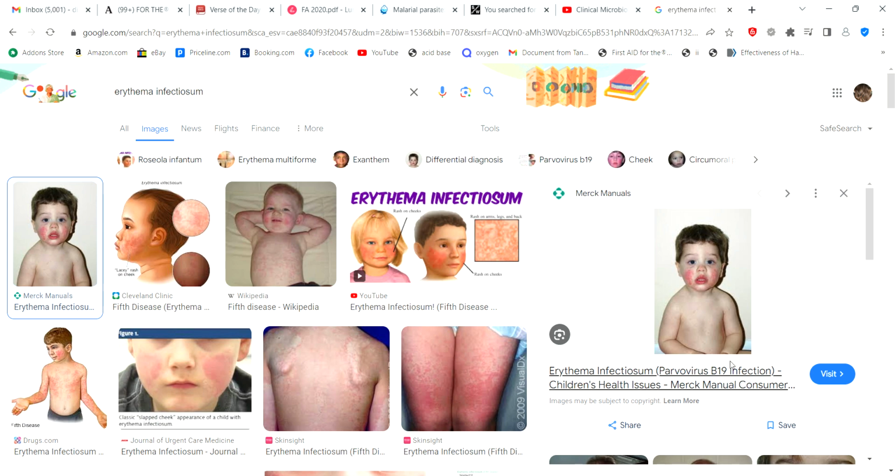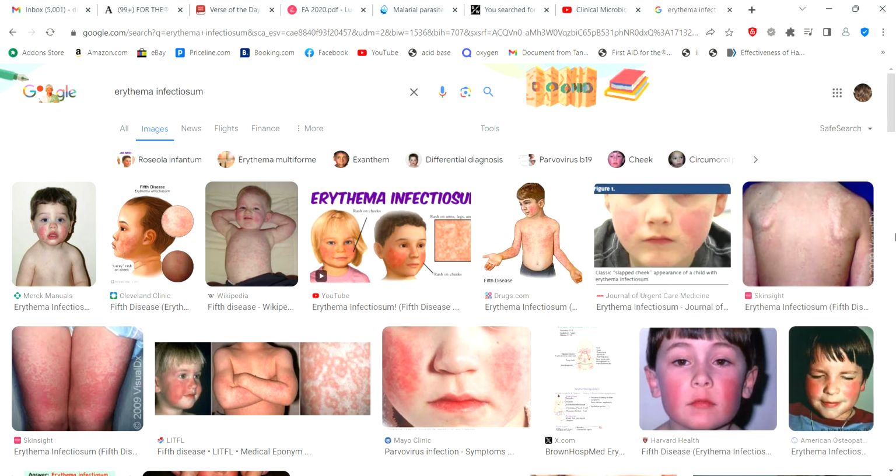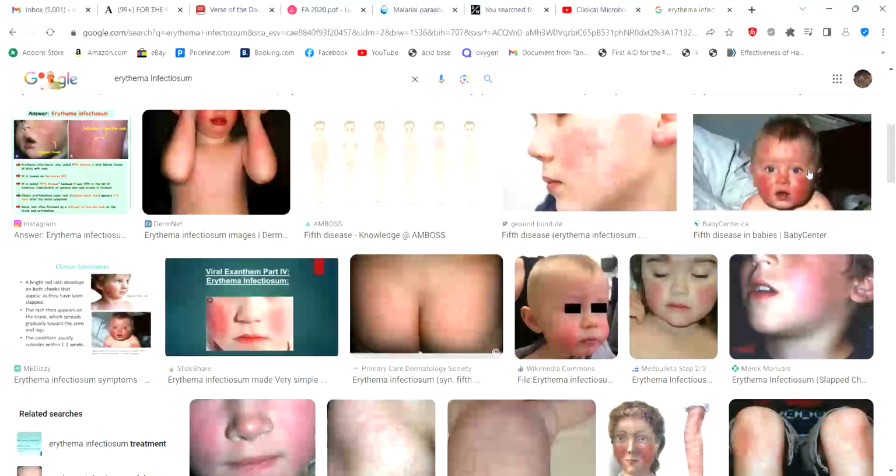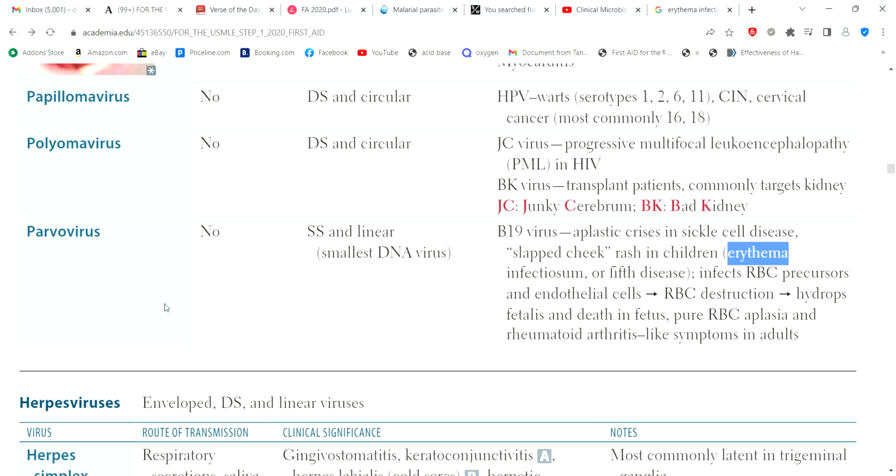The kids look like somebody slapped them. This is fifth disease. So yeah, B19 virus causes aplastic crisis in sickle cell disease, and slapped cheek rash in children, which is known as erythema infectiosum or fifth disease.